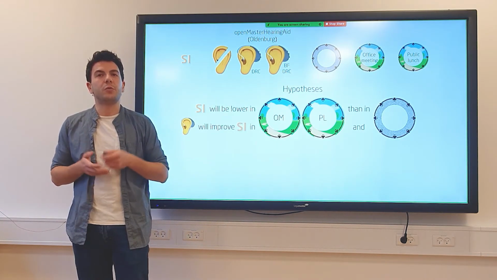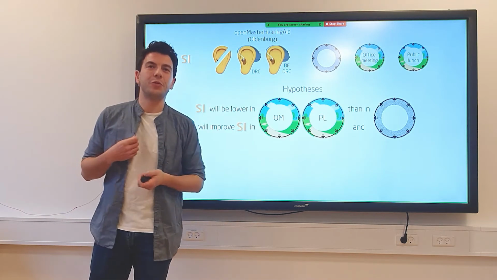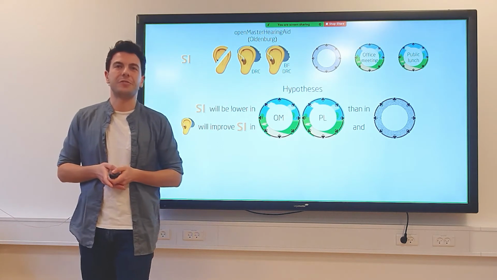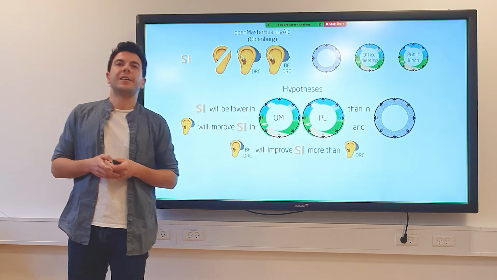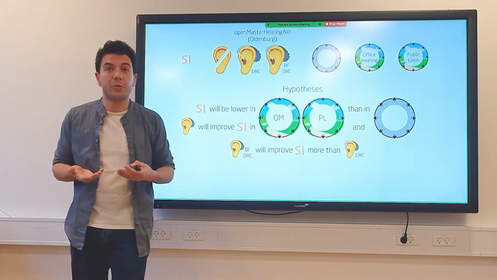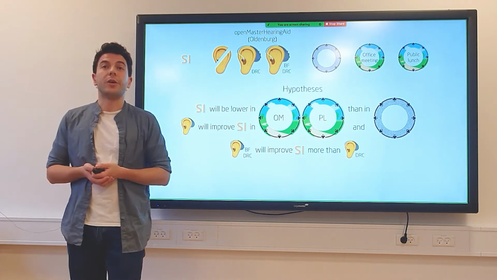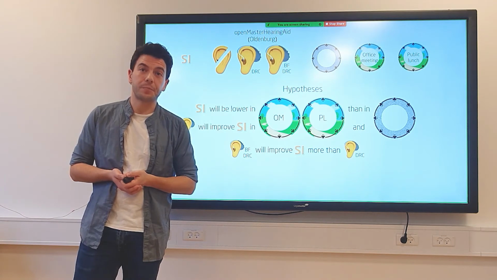But also that hearing aids would obviously, or hopefully, improve speech intelligibility in these conditions compared to the unaided reference. And finally, that the hearing aid strategy including beamforming would improve speech intelligibility more than the one only including DRC.